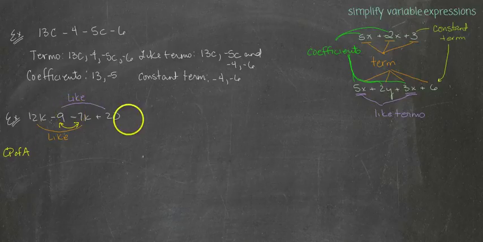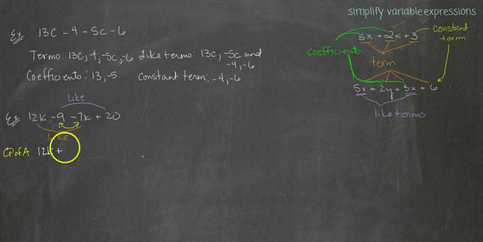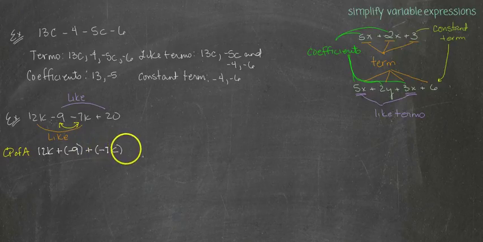I can convert this whole thing to addition. I have a plus 12k plus -9, because remember, adding or subtracting a number is really just the same as adding its opposite, plus -7k plus 20. So all I've done now is make it a sum.